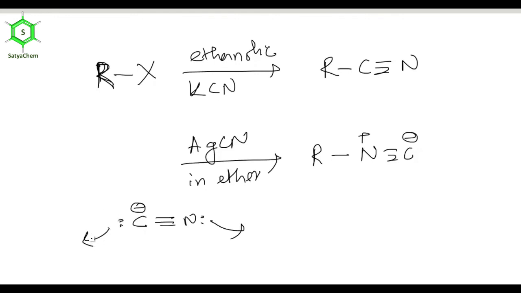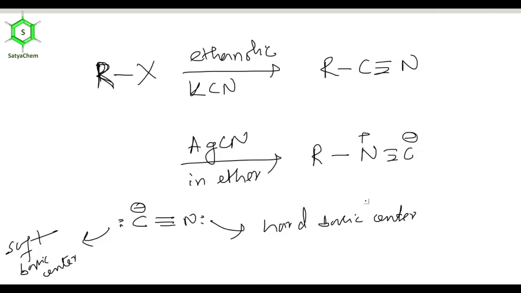But carbon is a less electronegative center, so it is softer, and carbon is larger than nitrogen, so the negative charge density is lower on carbon. So we can consider it as a soft basic center. But nitrogen is more electronegative and smaller than carbon, so we can consider it as a hard basic center.